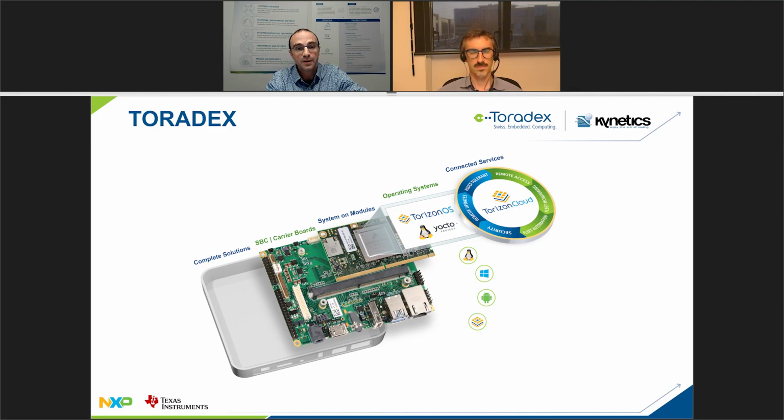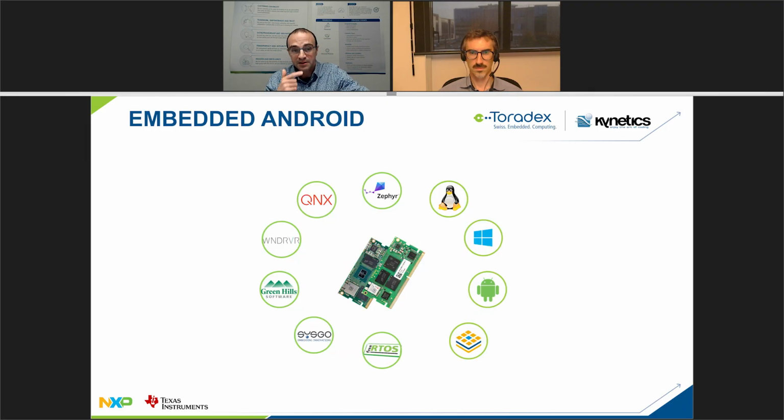All of our products come with an embedded Linux reference image and also with Torizon, which is a Yocto-based IoT platform. But as you will see today, we also support other operating systems, including Android, specifically through our partner ecosystem. So just going a bit deeper into the operating systems. Toradex offers free OS support for embedded Linux, as well as for Windows Embedded Compact on some select legacy products. Support for other operating systems like FreeRTOS and Zephyr is also available, but not maintained by Toradex.